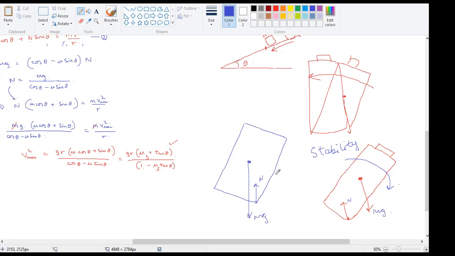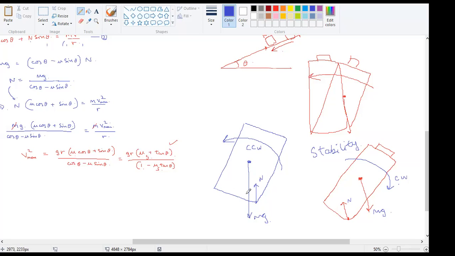So here it is causing a counterclockwise. So this is a couple or torques which are causing this counterclockwise. Here it is causing a clockwise. So this is a concept of stability.